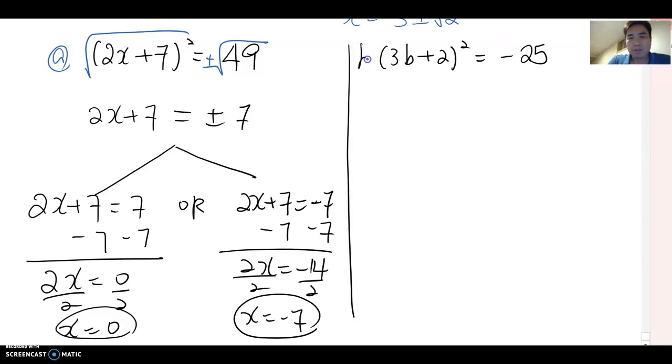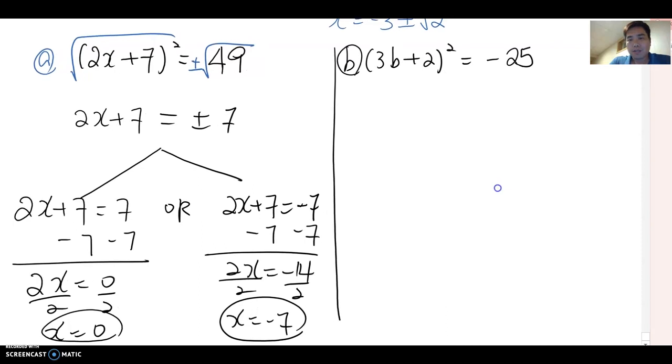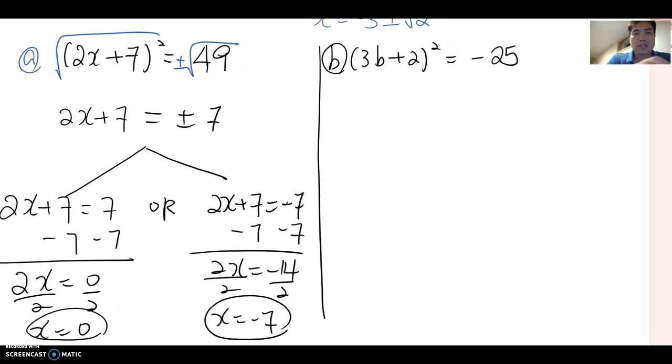Okay. Then what about this question? I'm going to put letter B so that we can read easily. So in letter B's case, the right side here has negative 25. Please watch it carefully. Okay, so same thing, we are taking the square root on both sides. Don't forget plus and minus.